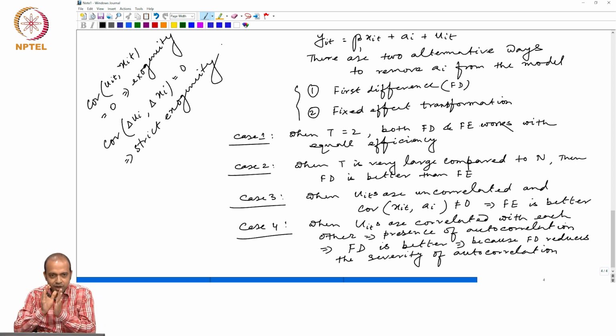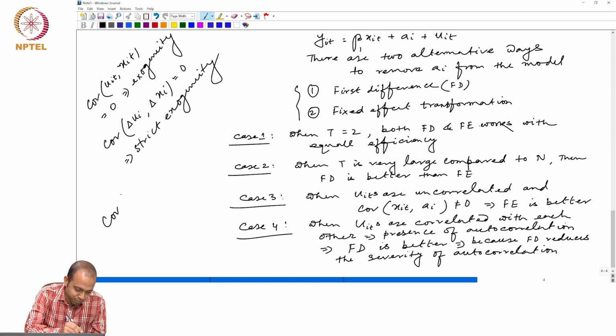So far we have discussed mainly the fixed effect model, and the main assumption that we make is that XIT is correlated with the unobserved effect.